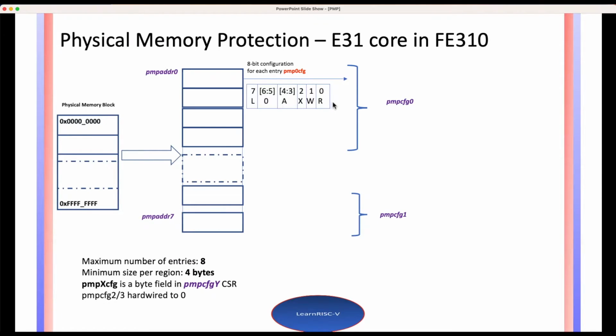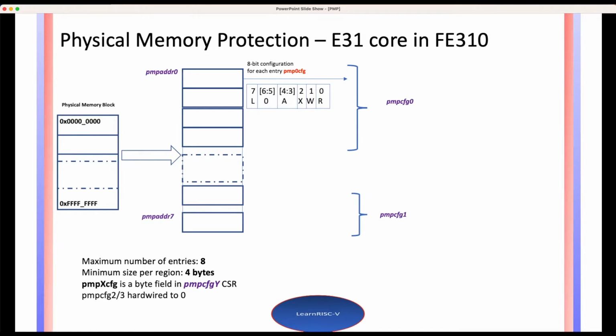So on the E31 core, as you know, the RISC-V spec is the guideline, and any manufacturer who makes a RISC-V core can just stick to the guideline and create a subset of it.